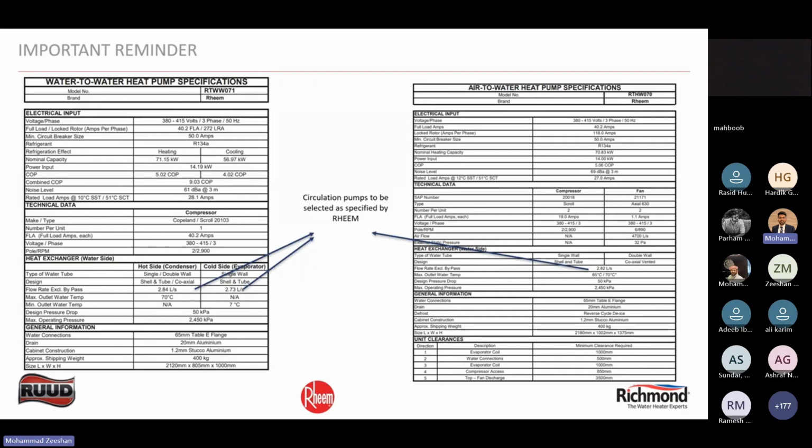Yes, good question. So what we typically do is we define the water conditions that we look at. Whenever we size or design a system, we ask for a water quality report, or we estimate it based on the site. If we see that the water is very hard, and there will be scaling, we recommend to use a closed circuit, which means we can provide you with an internal coil, or a U-tube bundle, and then we will size it accordingly.